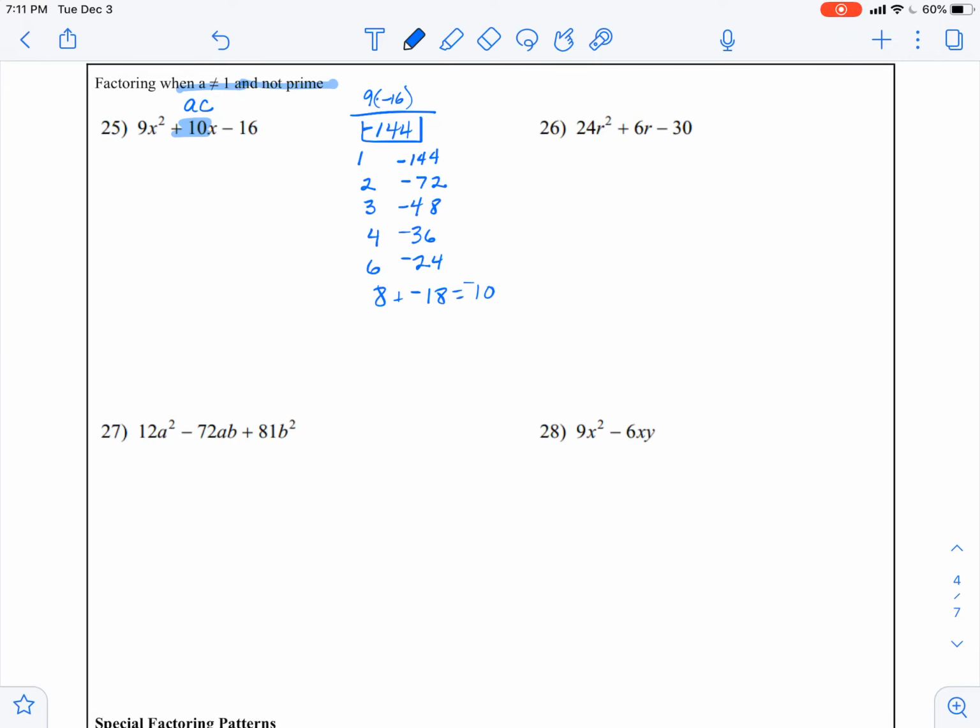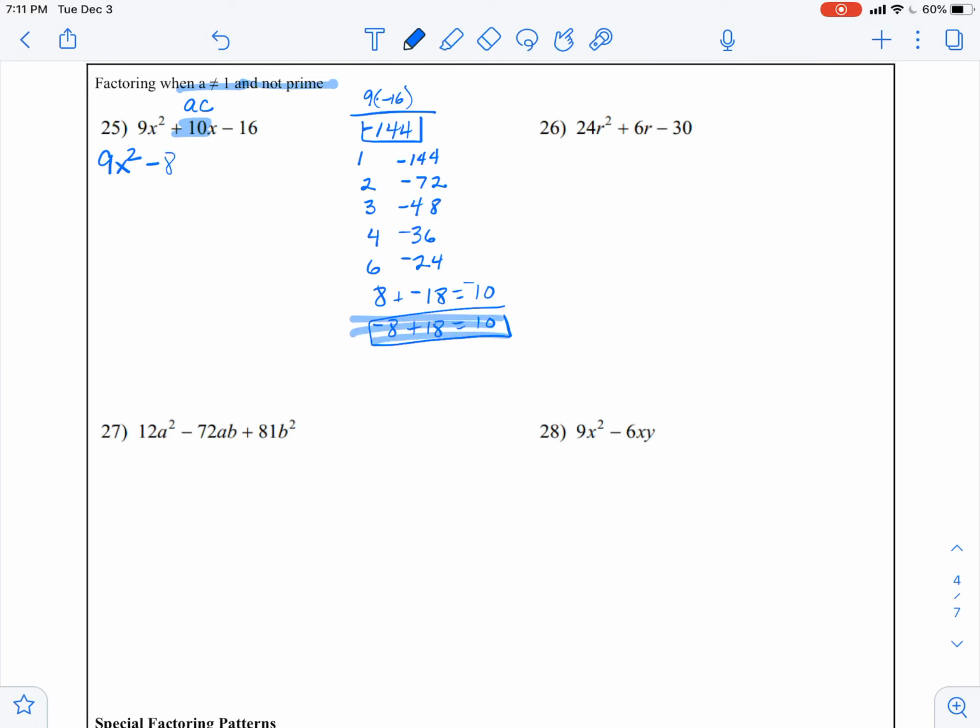Now, again, I need it to be a positive 10, so all I do is switch the signs. There's my positive 10, okay? So now I do my substitution. I'm going to leave my 9, and instead of the 10, I'm now putting this in that same spot.